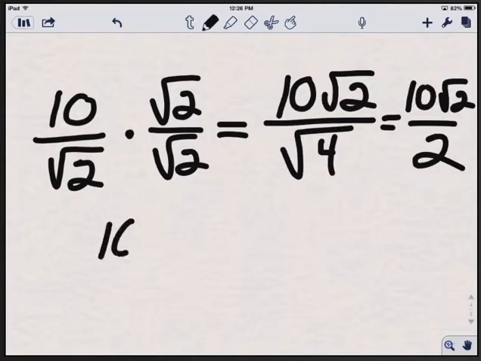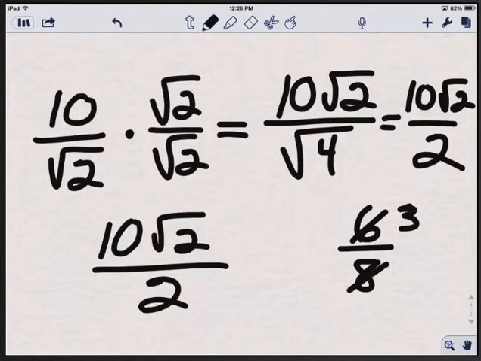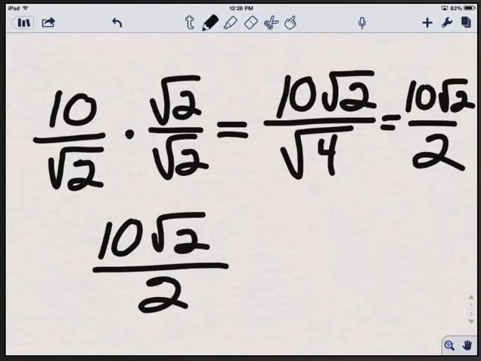I'm just going to write that down below, because just like any fraction that you have, if there's a common factor between the numerator and denominator, you should cancel it. Just like you reduce something like 6 over 8 by saying 2 goes into 6 3 times and 2 goes into 8 4 times, and it reduces to 3/4, we should be able to do the same over here.